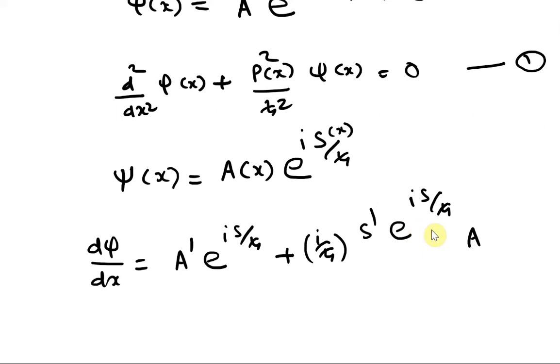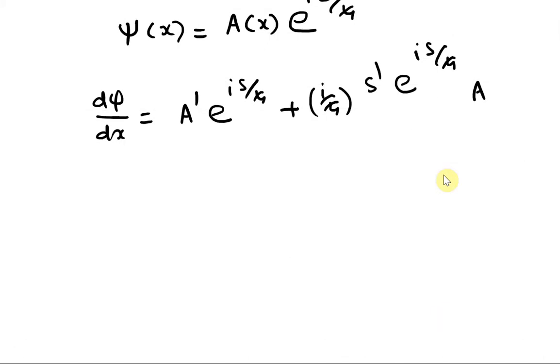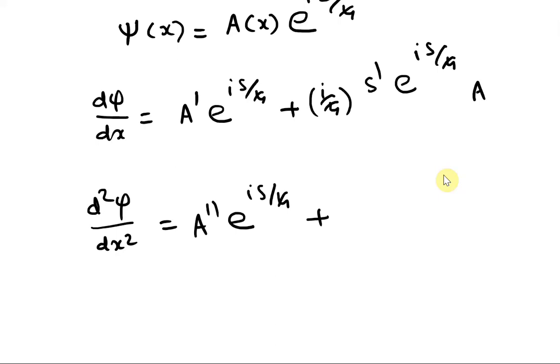Now second derivative, d square psi by dx square is going to be double derivative of this one, A double dash e raised to iS by h cross, plus this quantity, if you differentiate, this is A prime, i by h cross, it will produce e raised to iS by h cross and S prime, plus that term is over. Now here I have i h cross.